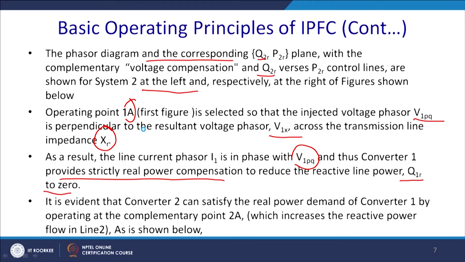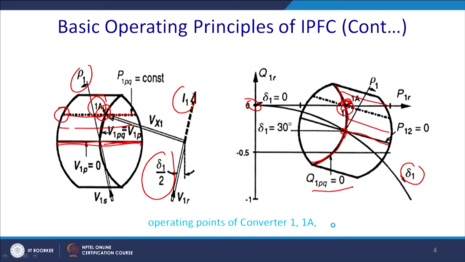It is evident that converter 2 can satisfy the real power demand of converter 1 by operating at the complementary point of 2A, which increases the reactive power of line 2 as shown in the case of A. So, this is basically A1 and this is basically A2. So, ultimately the reactive power of the second line will increase to compensate this line.